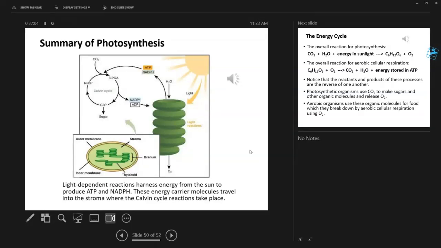Now the energy from these two molecules is being used up, so they're dead batteries. They go back to the light reaction to be recharged and recycled. Simple, right?